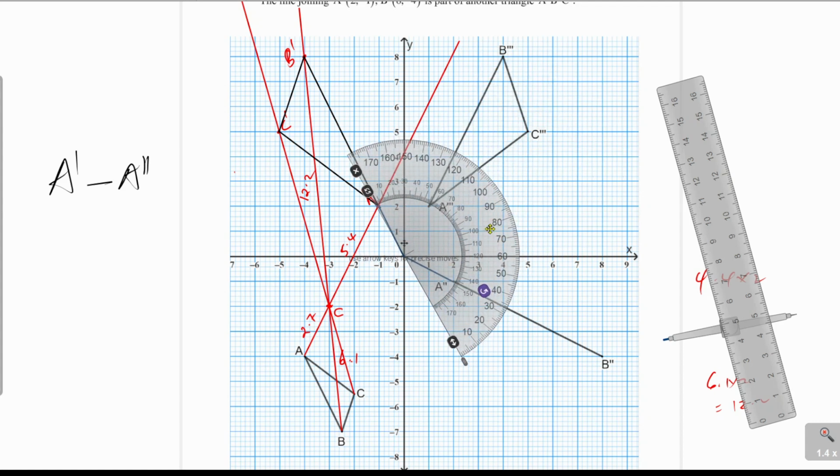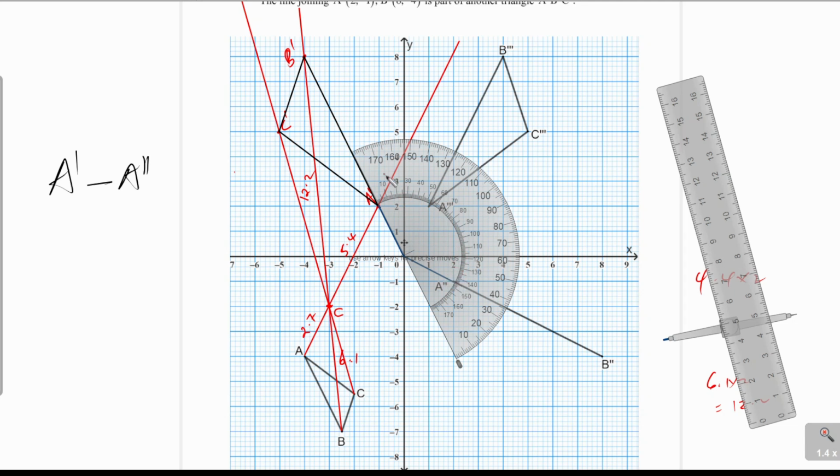Make sure the center of that protractor is at the origin, 0, 0, like that. Ensure that this part of the protractor lies on this straight line, then the center is there. So now we're going to measure this angle from this point A, moving like this to A double prime.